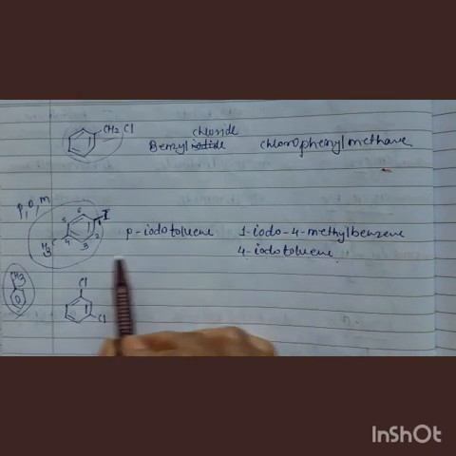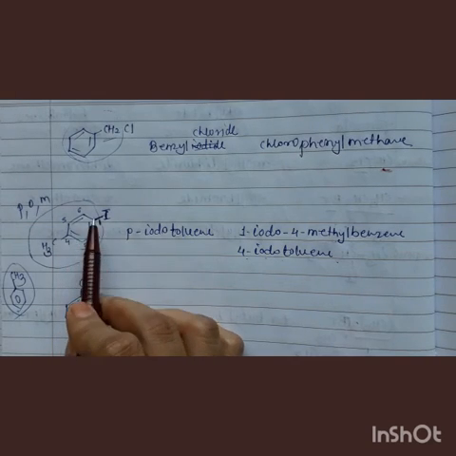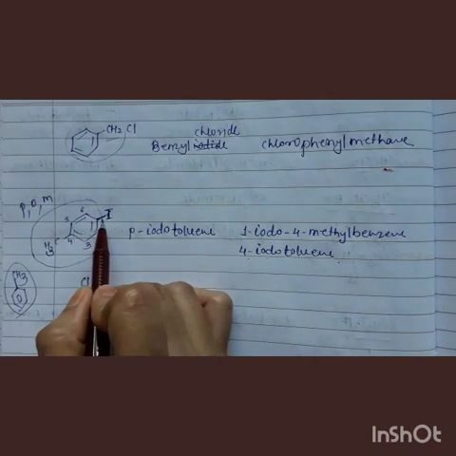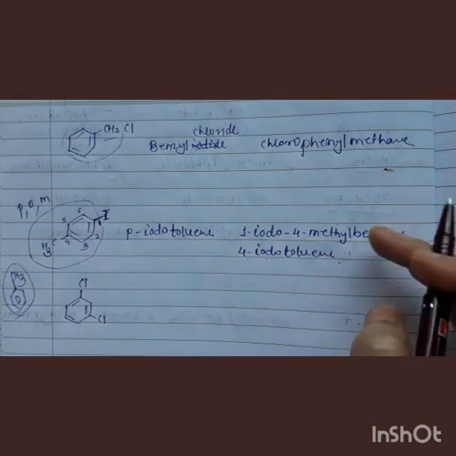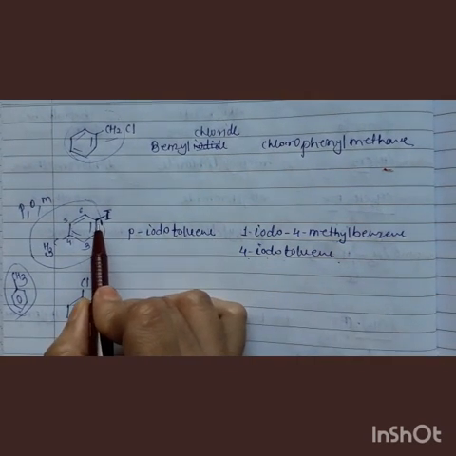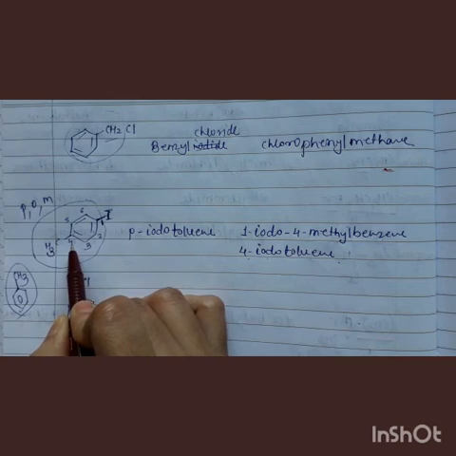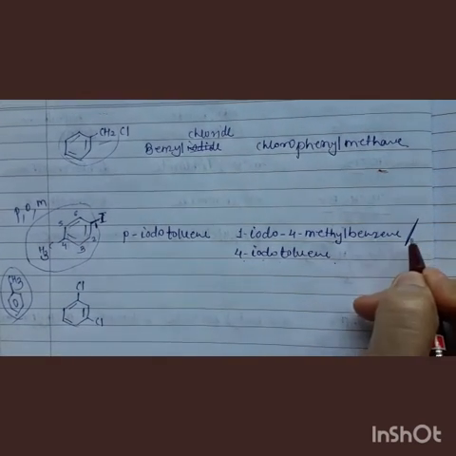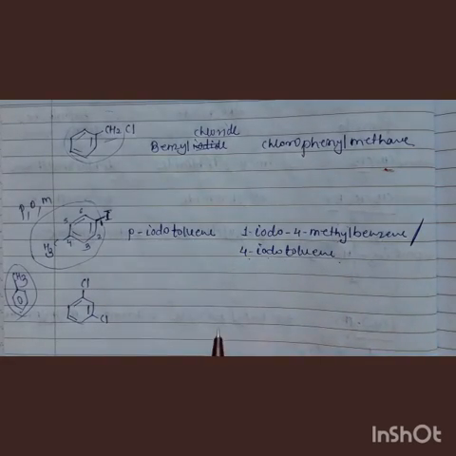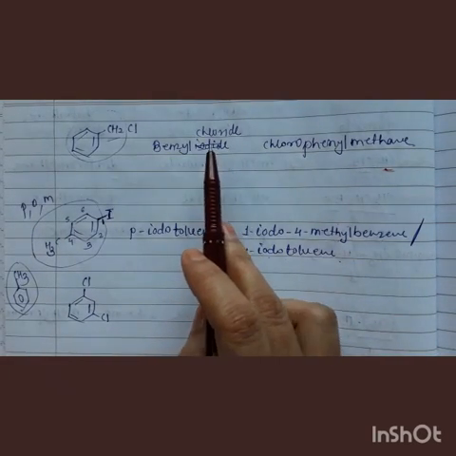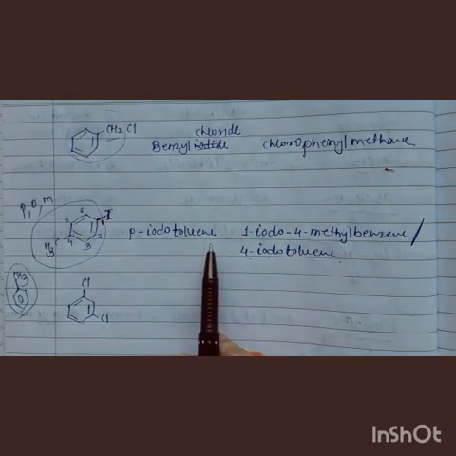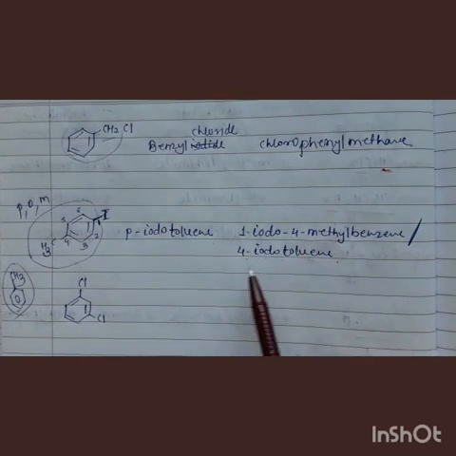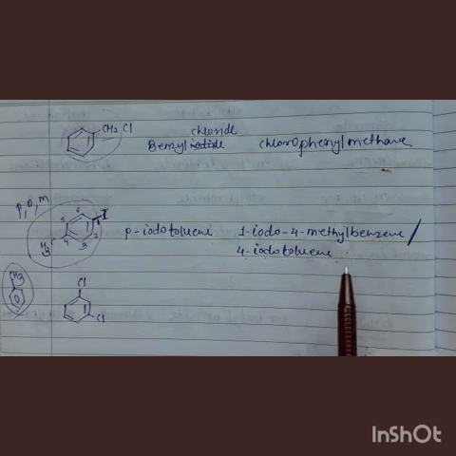And when we are writing this compound as methyl benzene, only considering the benzene ring, that time we will start numbering from the halogen group only. So it is 1 iodo 4 methyl benzene. Understand? In any way you can write the name of this compound. So common name para iodotoluene, and IUPAC name 1 iodo 4 methyl benzene or 4 iodotoluene.